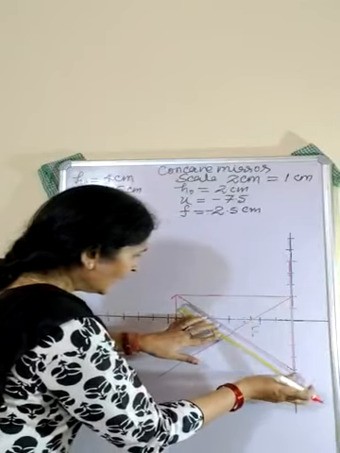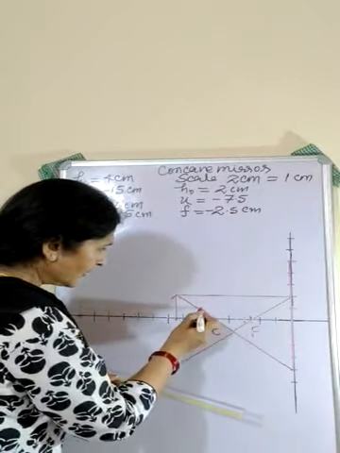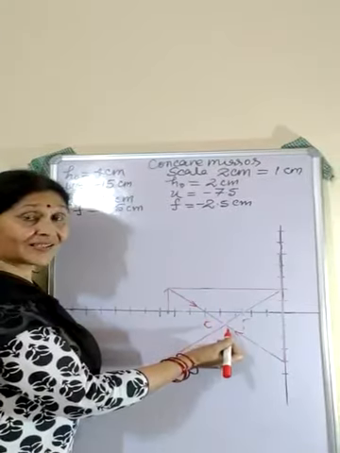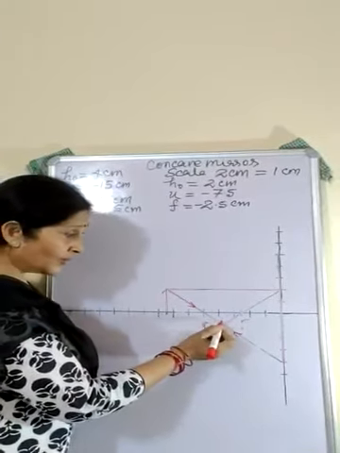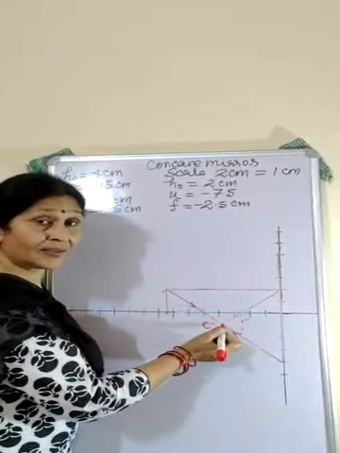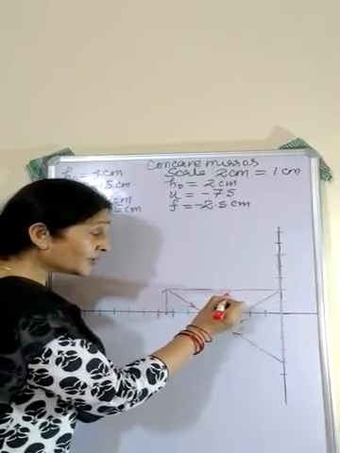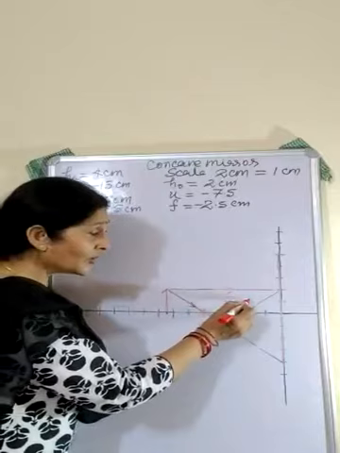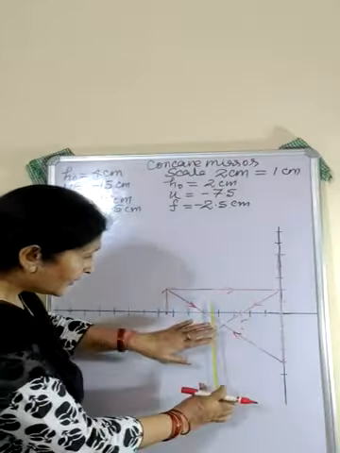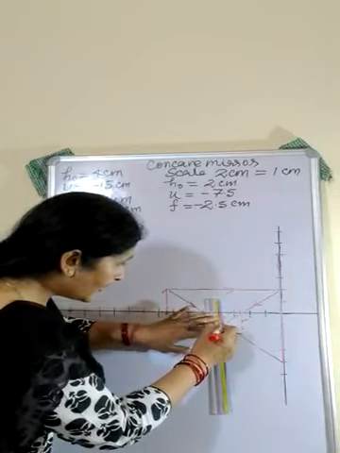And from here it will reflect back. Image will form here. This point is the actual intersection of the reflected rays. We must put arrow in the proper direction. Now see, this image will be here on the principal axis.